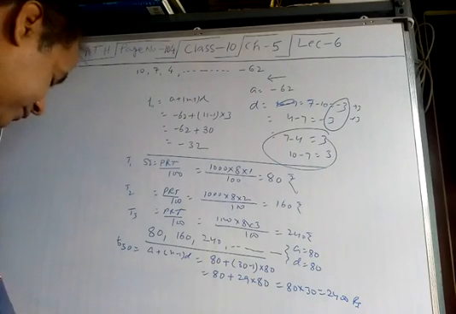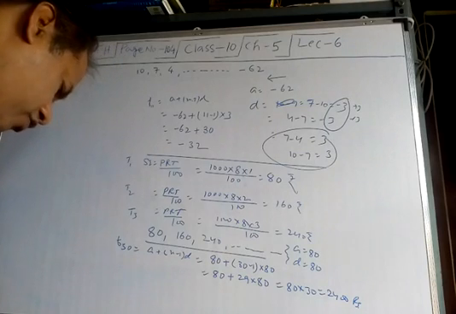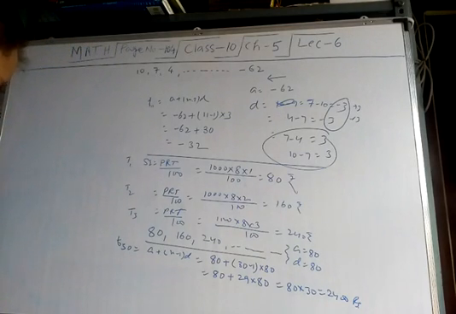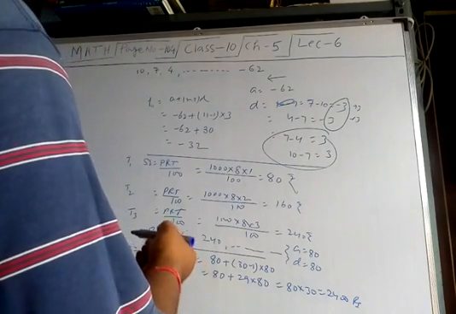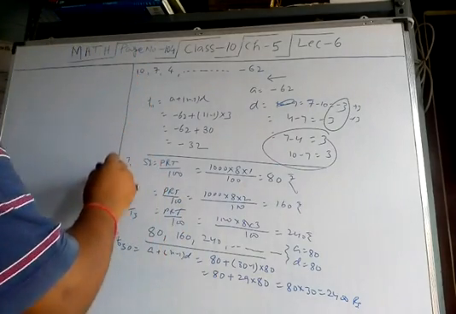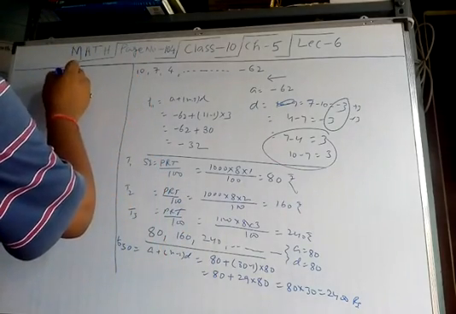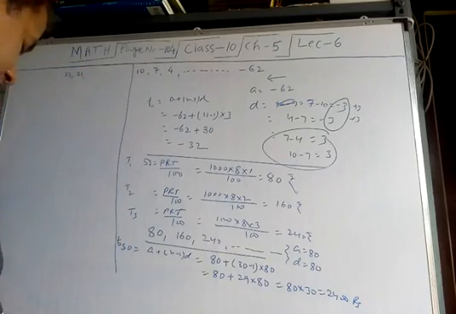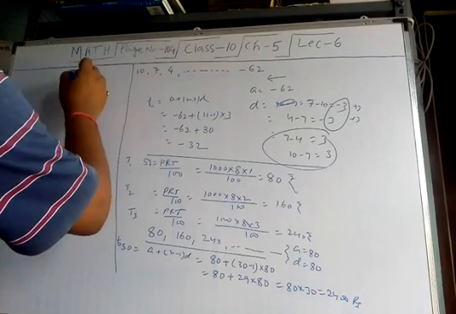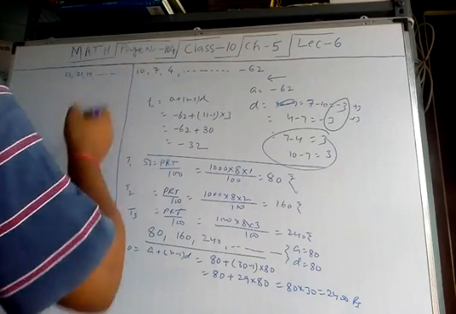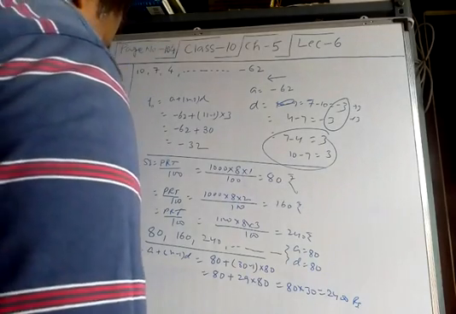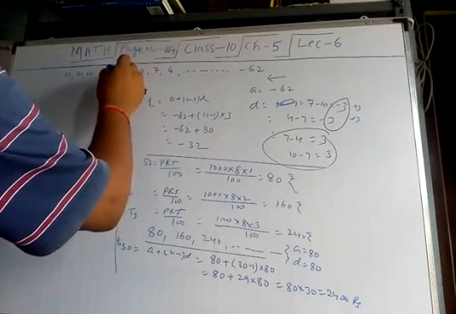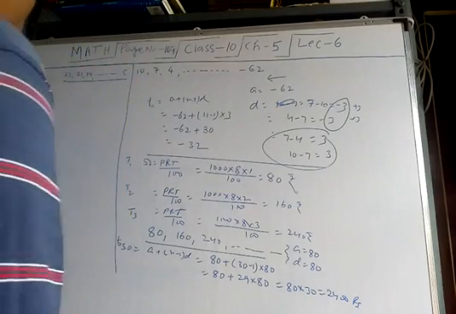How many rows are there in the flower bed? So here you can see 23 is there in the first row, then second row 21, and then 19, and then the last row has 5. So the question is how many rows are there?